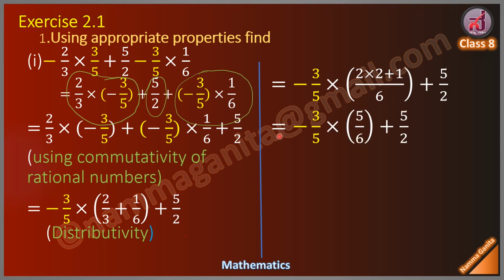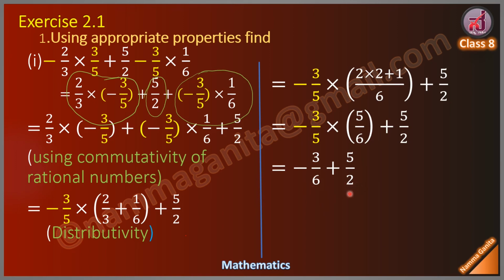Simplify this. Minus 3 upon 5 into (2 2s are 4 plus 1, 5 upon 6) plus 5 upon 2. 5 gets cancelled. The remaining thing is minus 3 upon 6 plus 5 upon 2. Now take the LCM of 6 and 2.